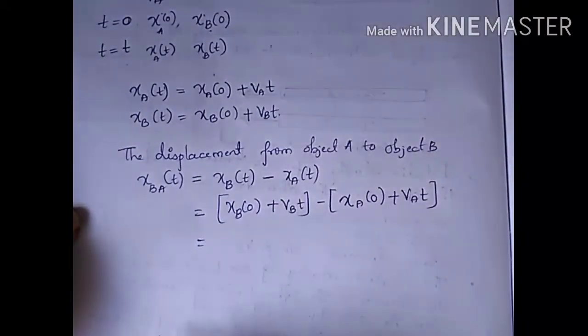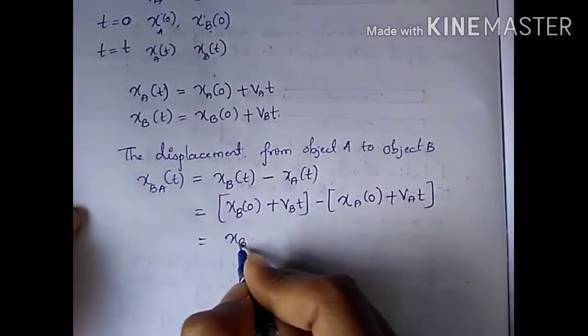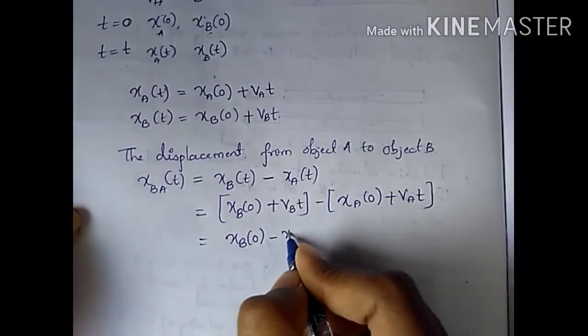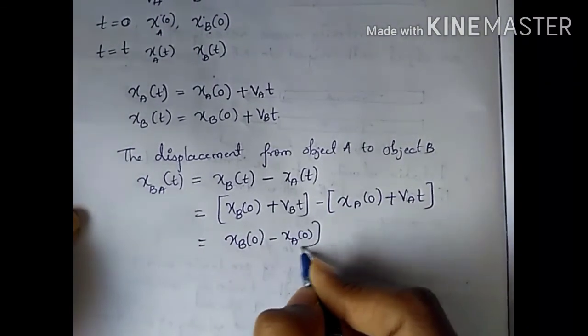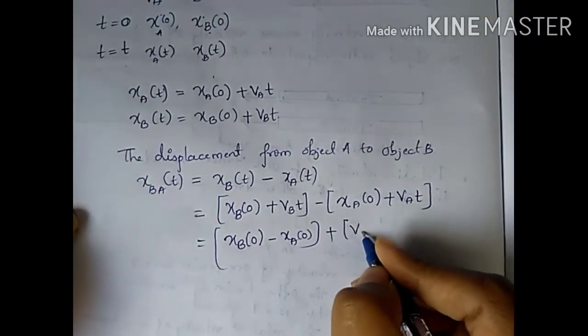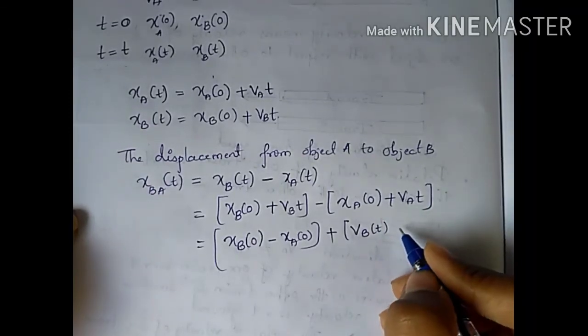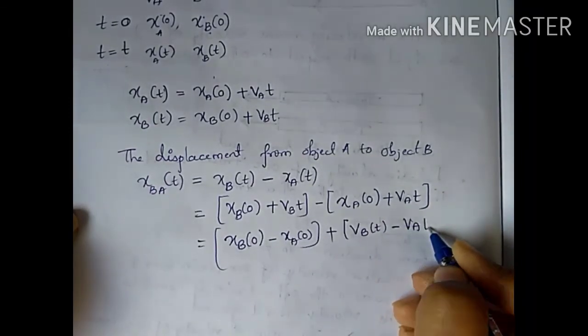Now let us do the variable separation. So xB0 minus xA0 plus vBt minus vAt.